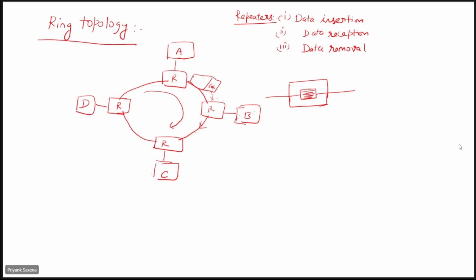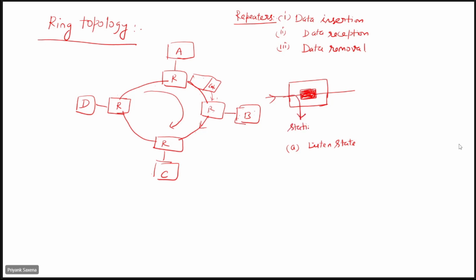The first one is called the listen state. The data is coming to the repeater and it simply passes it to the station.